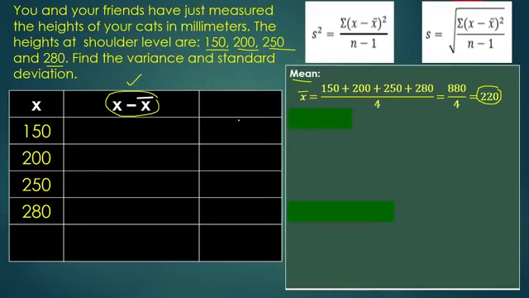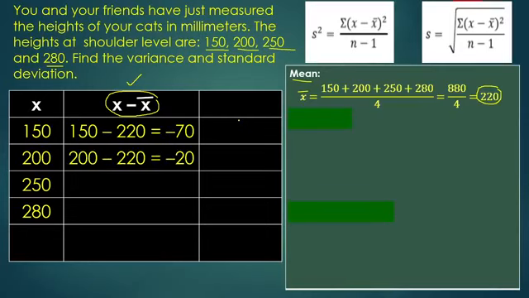After getting the mean, let's subtract. What is 150 minus 220? Negative 70. What is 200 minus 220? Negative 20. What is 250 minus 220? That's positive 30. 280 minus 220. There you go, 60.